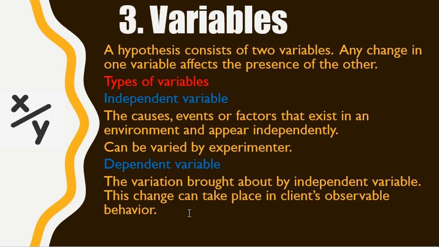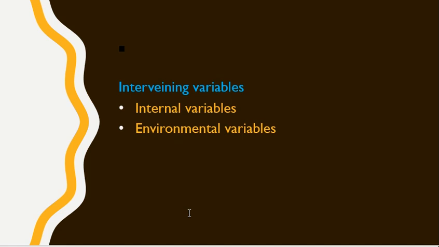So, apart from these two types of variables, independent variable and dependent variable, there are certain other variables which are called intervening variables. Such variables can also bring about change in our dependent variables. There are two types of intervening variables. Number one, internal variables, and number two, environmental variables.